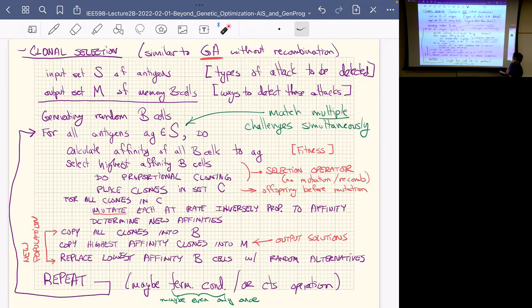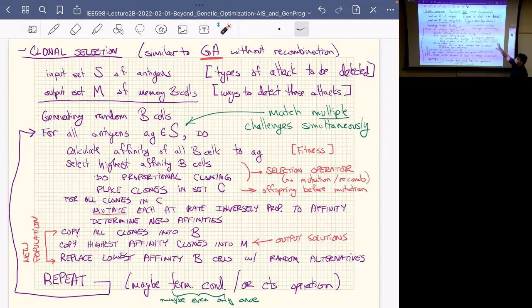But I think the authors of clonal selection were focused on maintaining a lot of diversity in a population as opposed to finding particular solutions. And I think some of the decisions here were about that: how do I, in as few runs as possible, generate a diverse set of outputs, memory cells, that can find all of my antigens, and maybe multiple ones would find the same antigen, so I get a little bit more robustness. That's, I think, the idea there.